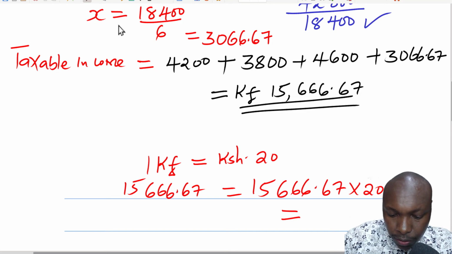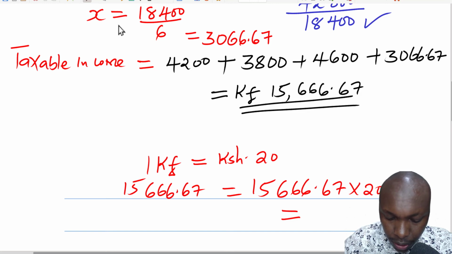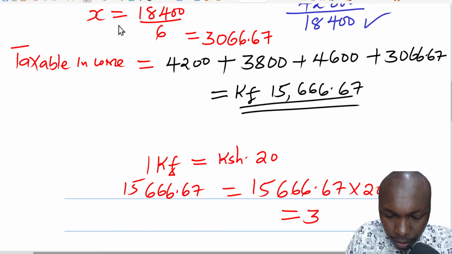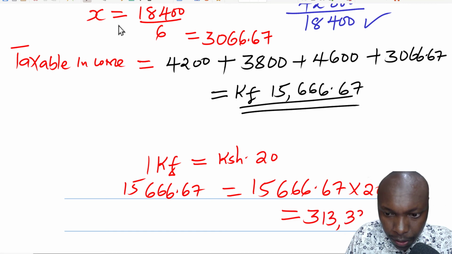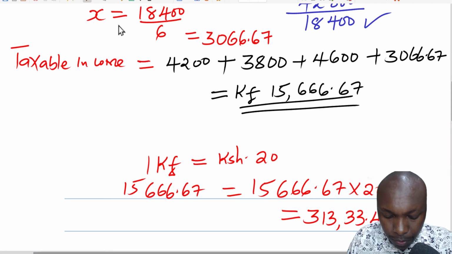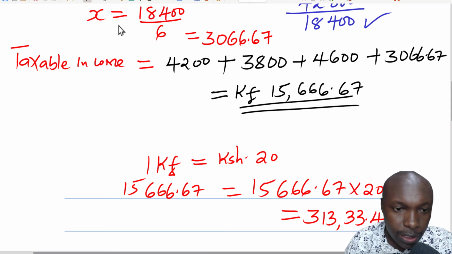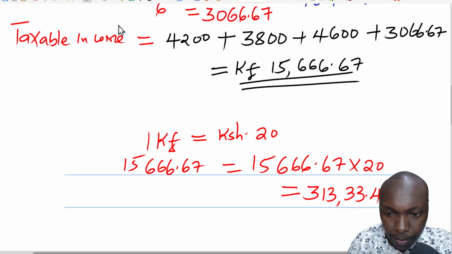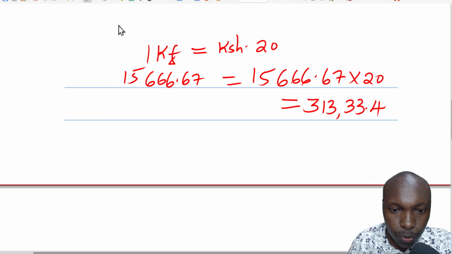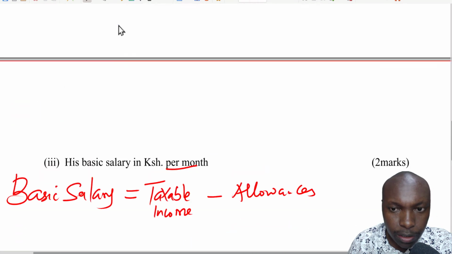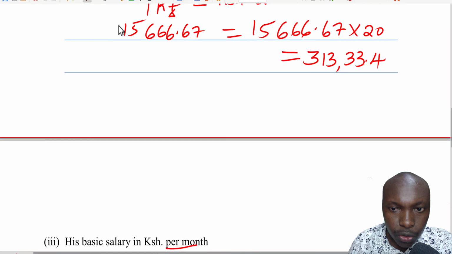Let us convert that, just multiplying it out using a calculator. 15,666.67 multiplied by 20 will give 313,333.4. But this one is per annum. This is per annum, so we need to change that and divide it by 12.